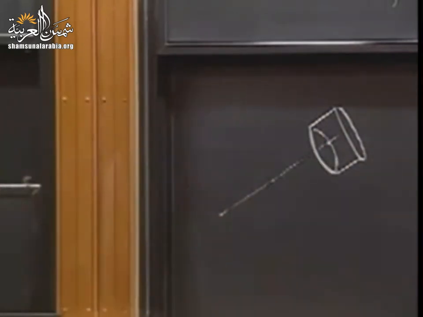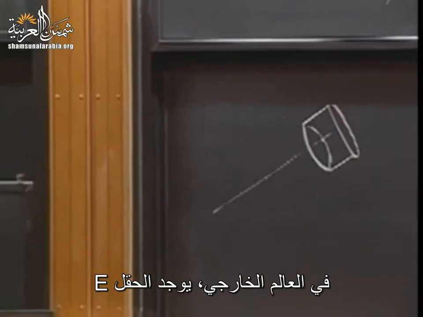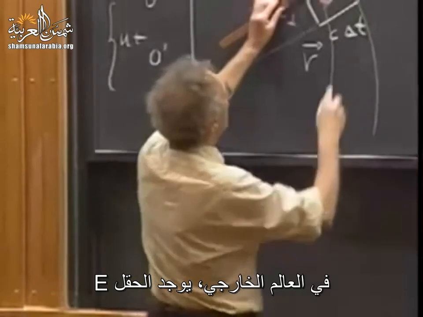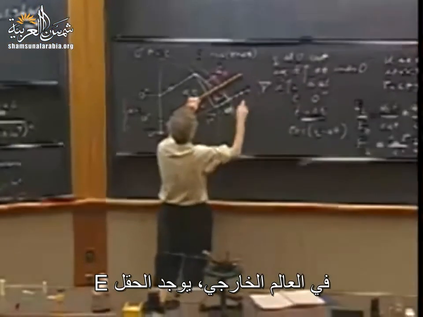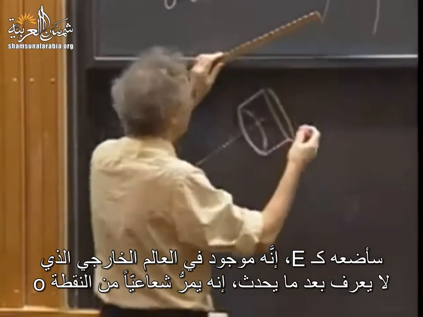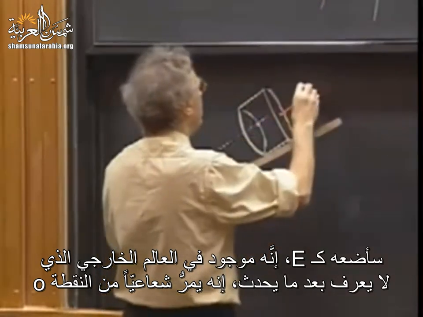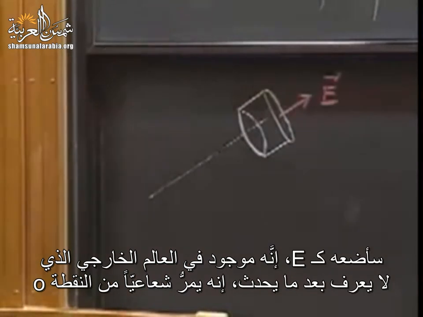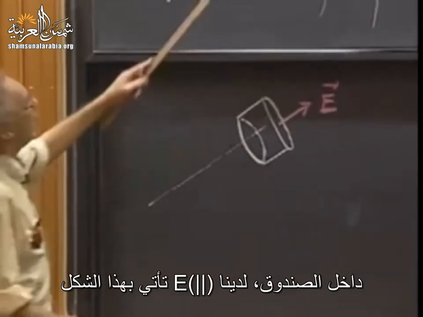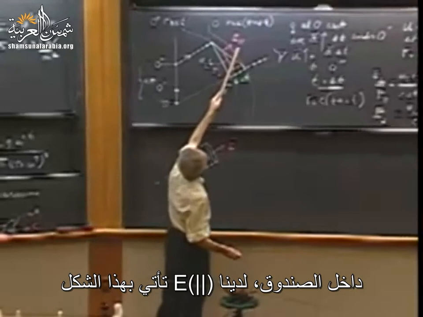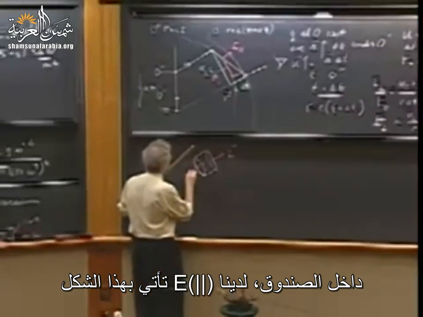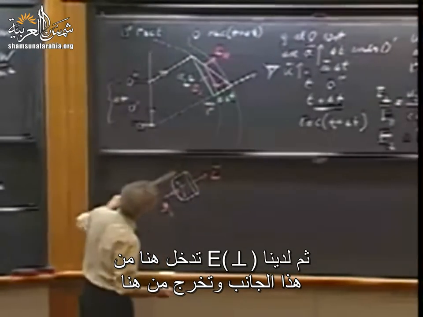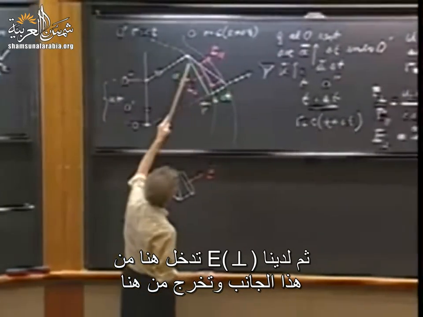That's my pillbox. And so, in that pillbox, I have in the outside world here, I have that E field. So I will put that in as an E. It's in the world that doesn't know yet what happened. That's radially going through point O. Inside the box, I have this E parallel coming in like this. And then going straight through the sides of the box is this one, E perpendicular.